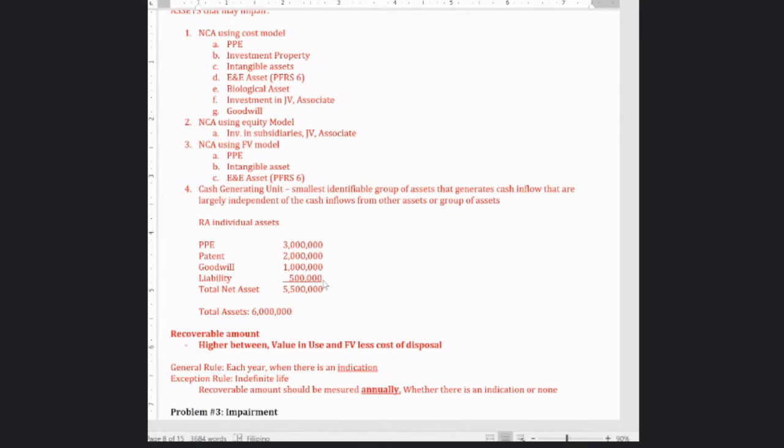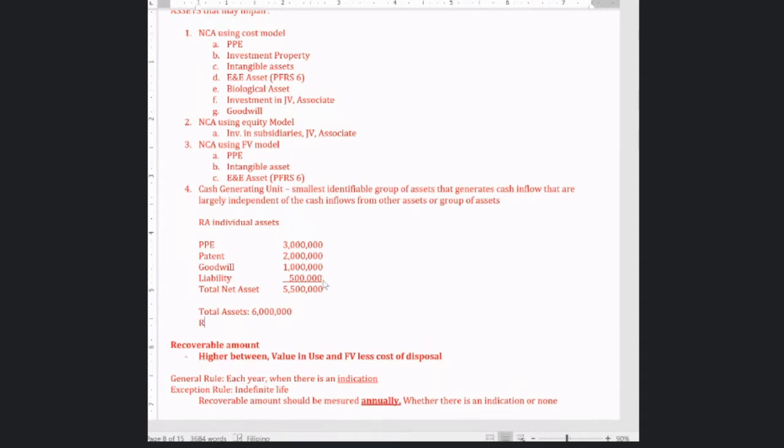So, ayan. Wait lang. So, for example, ang recoverable amount natin, mag-isip ng example.